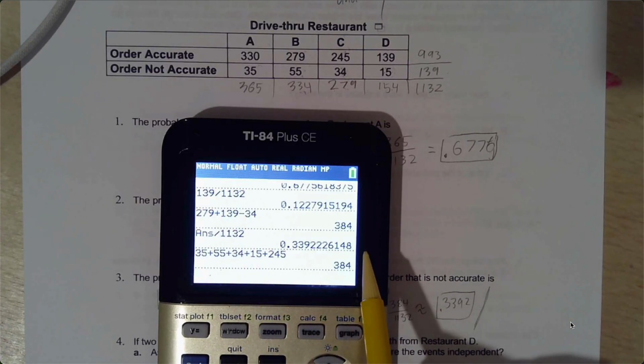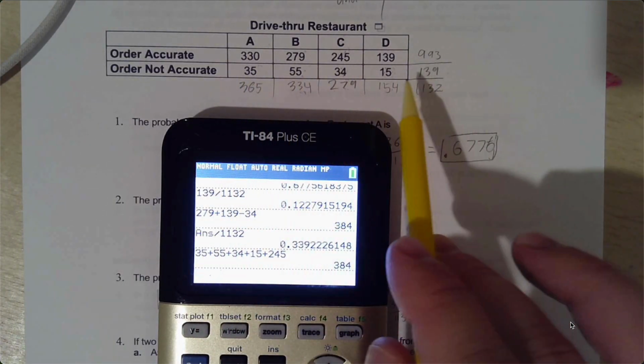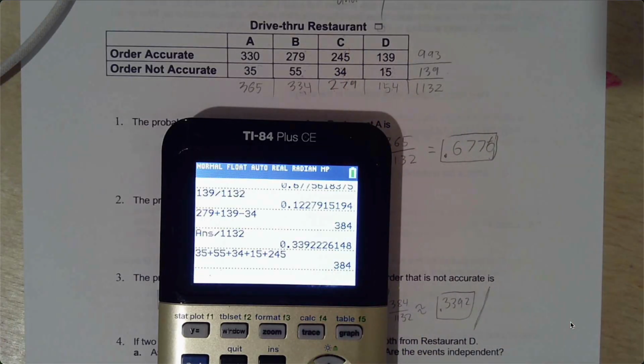I still get it if I just count up each individual thing, don't double count that 34, and take the other 245 that I missed, so to speak, because I hadn't considered just C in general as a restaurant I could order from. Again, stop that, slow it down, play it back.